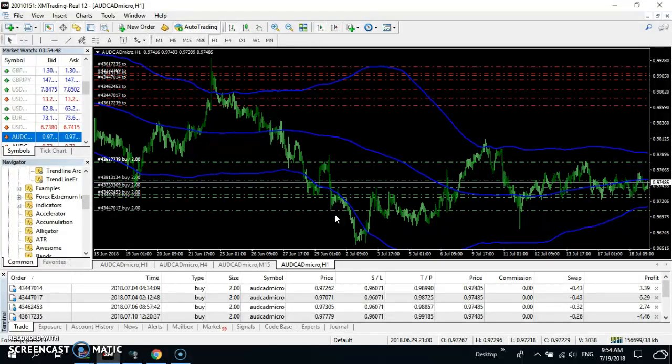So what is going on now is that when you see a Bollinger Band become flat, let's say a Bollinger Band on the 1 hour time frame became flat from the top.